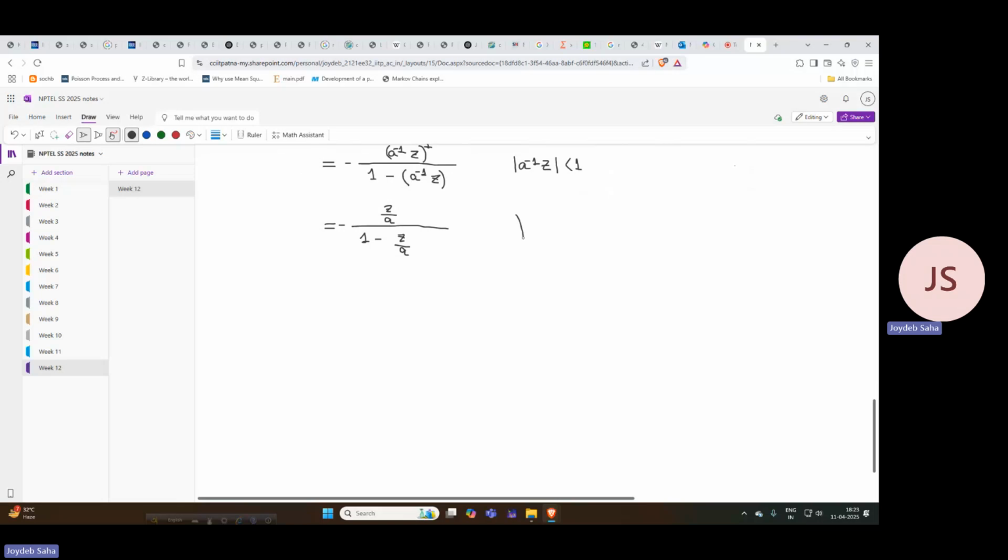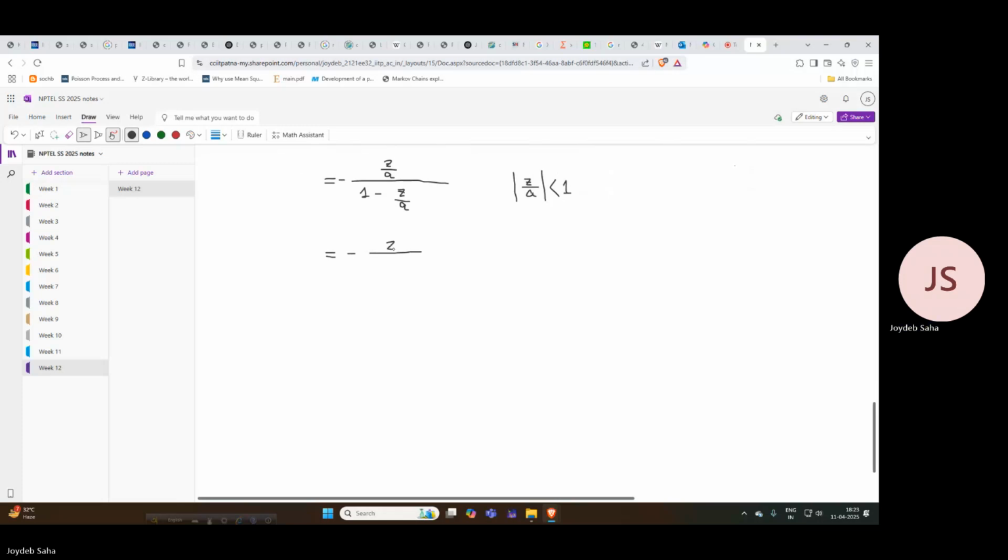So it is mod Z by A is less than 1, which equals minus Z divided by A minus Z.